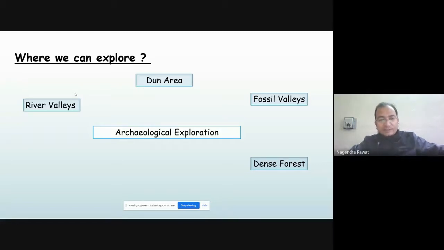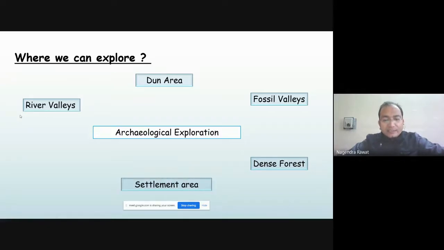They traced that entire area through drone photography, and later did some radar analysis, and they found an entire town under that dense forest. So dense forests are again important areas to be explored.